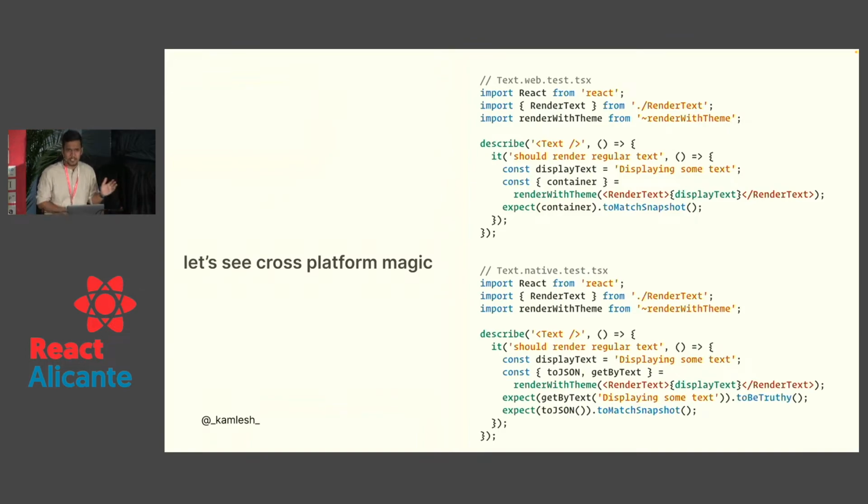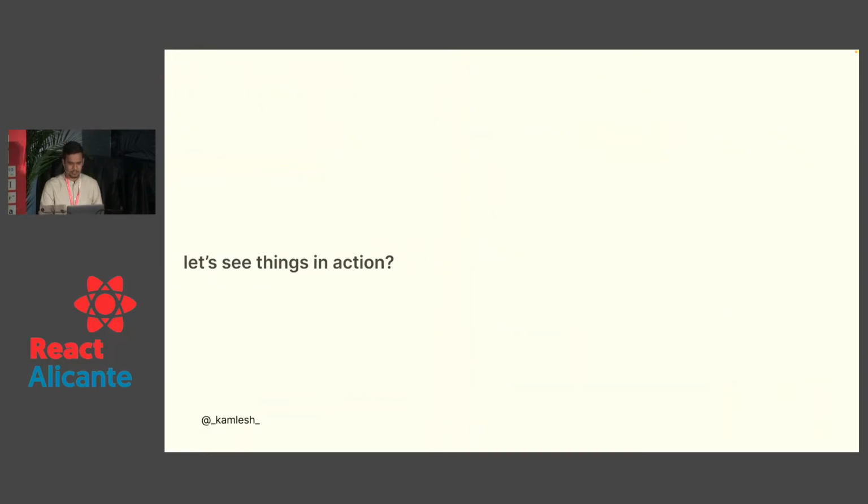Similarly, we do it for text.native.test.tsx. Again, the underlying API is different for React Testing Library and testing library native. So we are just reusing the component that we want to test and wrapping it around the APIs that it needs for native. The reason is that we want to render these components on these platforms so that we can be 100% sure that it won't break because of our abstractions.